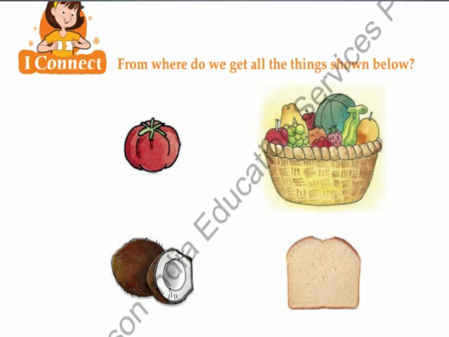Are you able to see there is a tomato, fruits and vegetables, then bread and coconut. All these things, from where are we getting them? Yes, all these things we are getting from plants. We are getting fruits, vegetables, then grains.